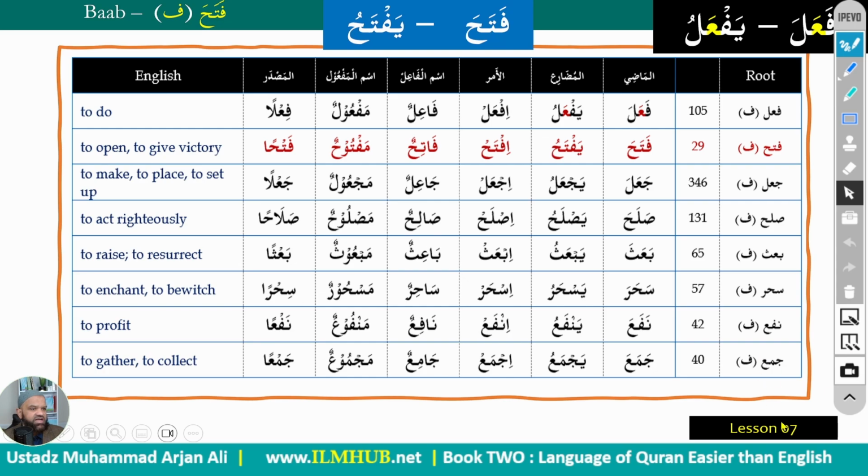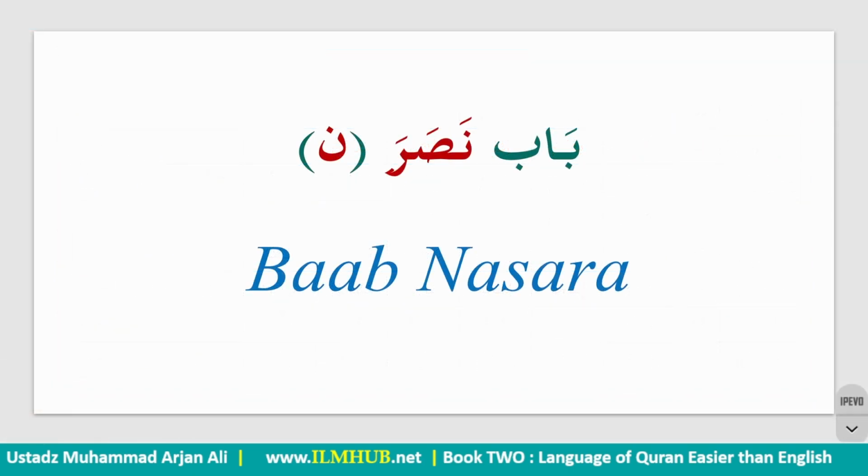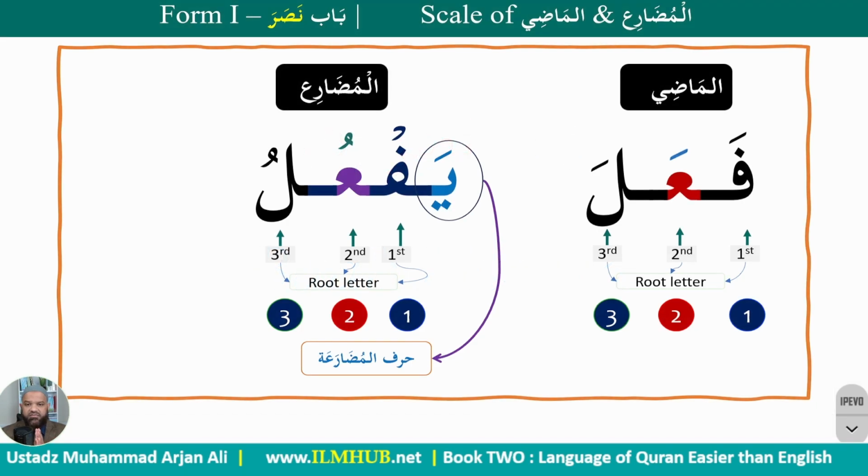So these are now the verbs that we've seen on the scale of fa'ala yaf'alu, and fataha yaftahu being our example. So please make a note of the first pattern. Baab nasara. Our next pattern is called Baab nasara, and we're going to use the letter noon for short.